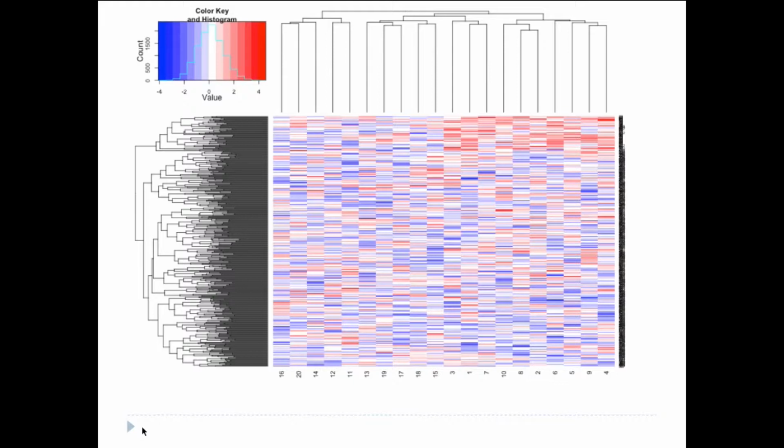But I often get this too: these two samples and these two samples are next to each other. Look at the branches. Are they actually next to each other? No, they're not. So people will say, but they're right next to each other. They look like each other. They're next to each other in the heat map. No, they're not. The clustering tells us something different.